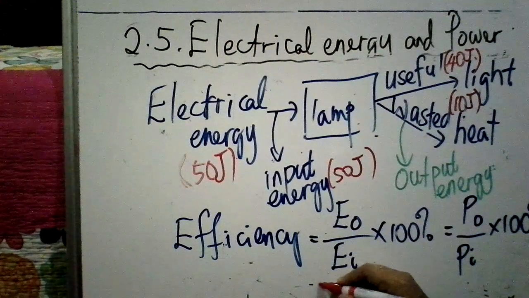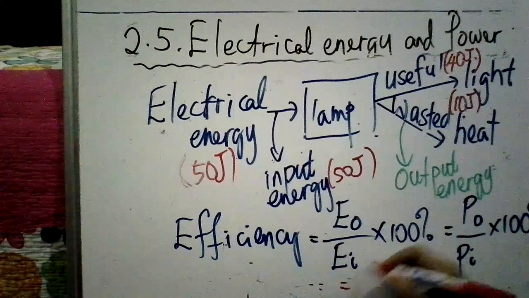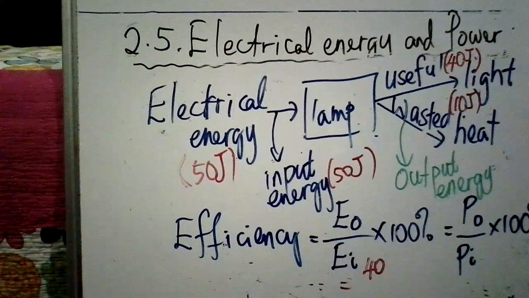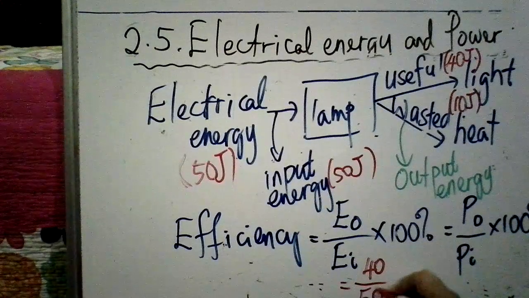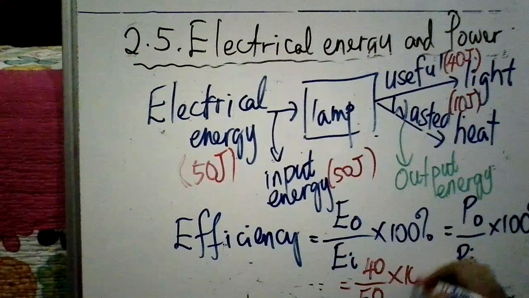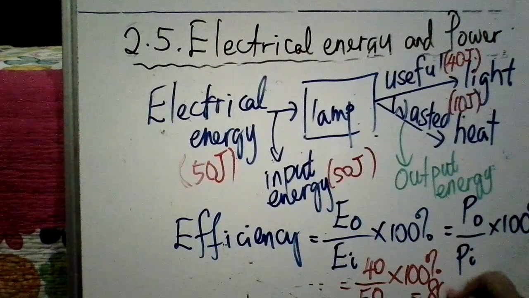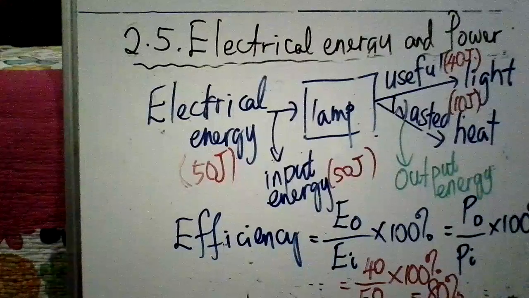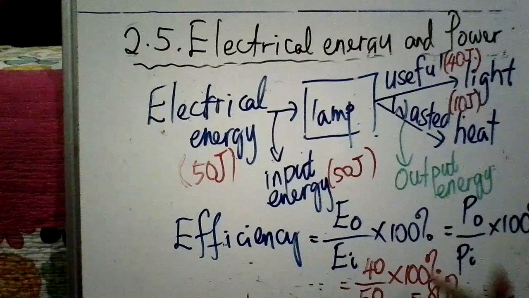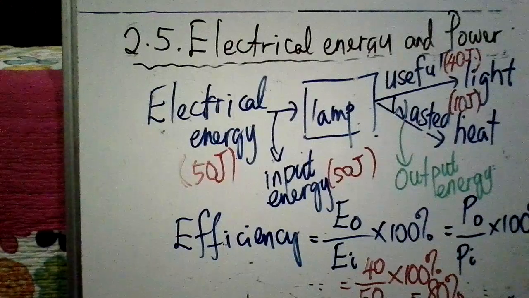We use the formula: useful energy output, 40 joule, divided by input energy, 50, then multiplied by 100%. So we get 80%, meaning the efficiency of the lamp is 80%. The ability to convert input energy to useful energy is 80%.